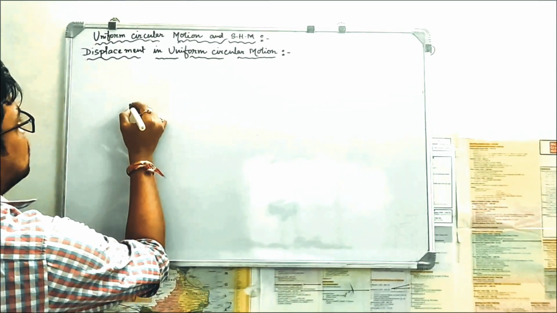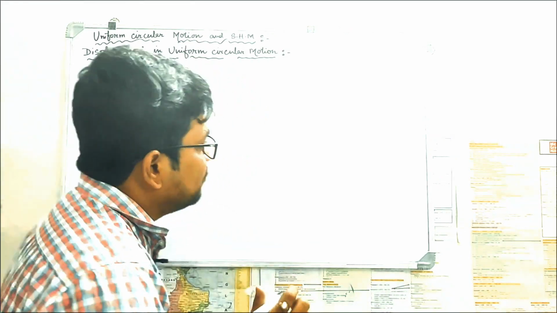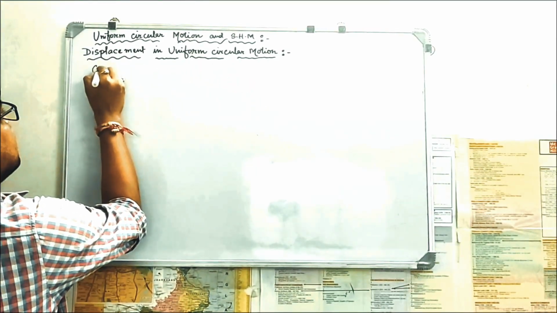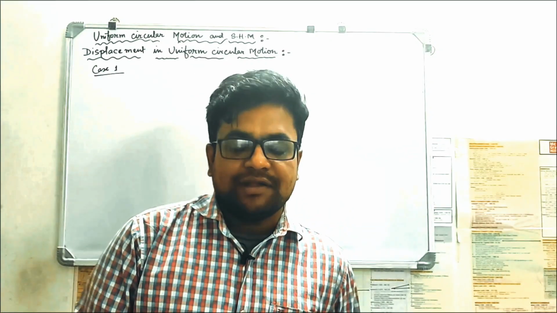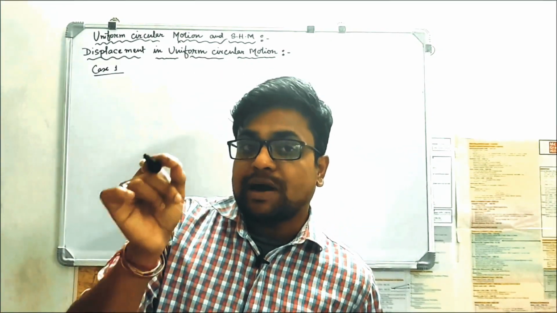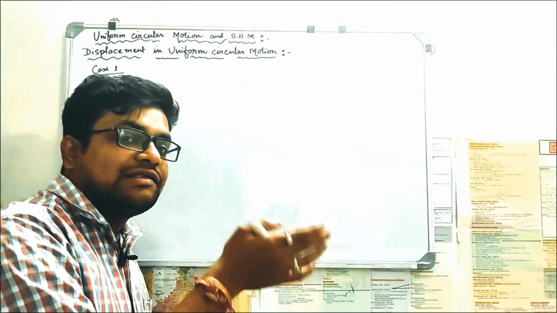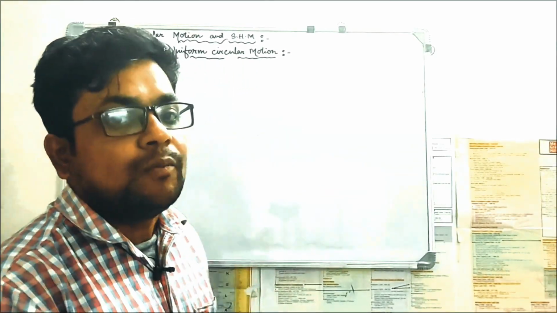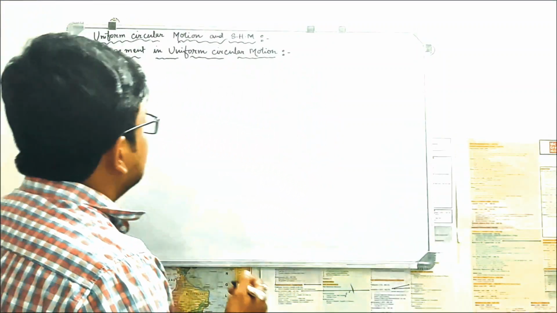First of all, let's assume there are three cases we will do. Case number 1 is when there is no initial phase, meaning the object or particle starts from that point only, with no advancement or delay of the particle's starting point.